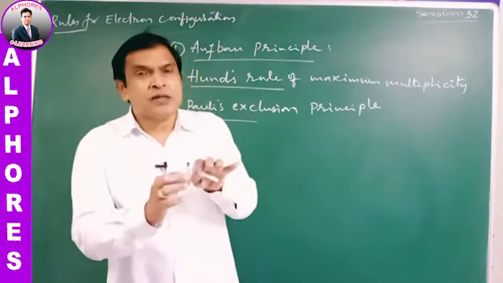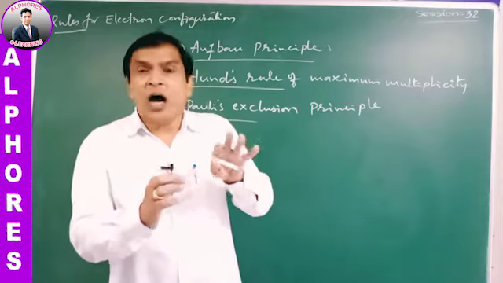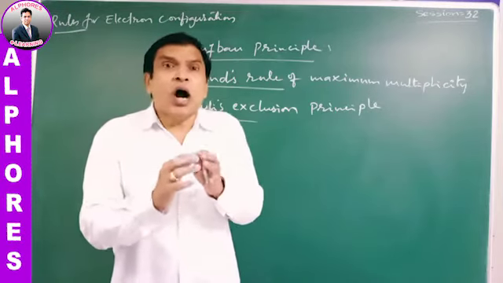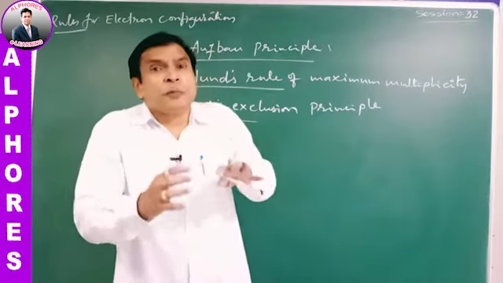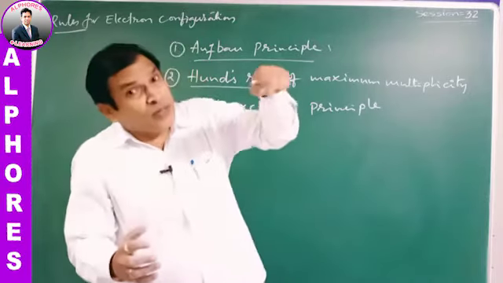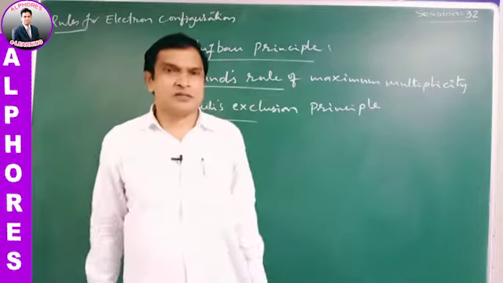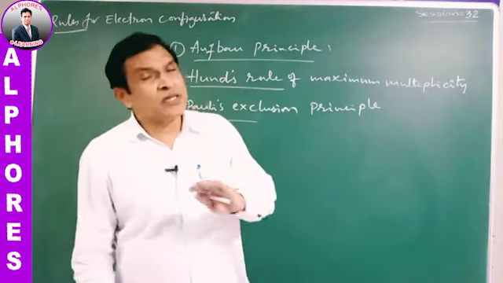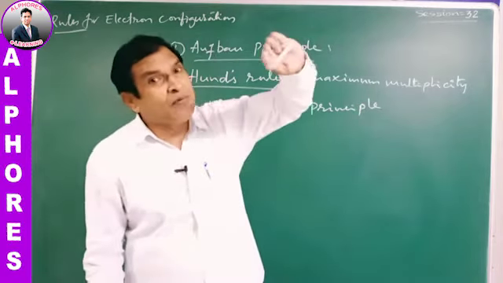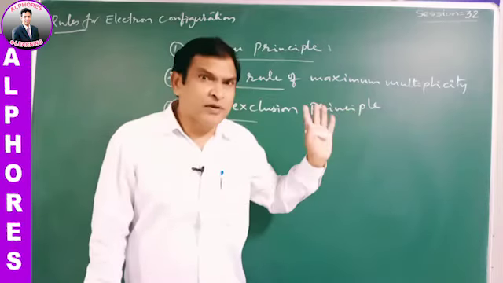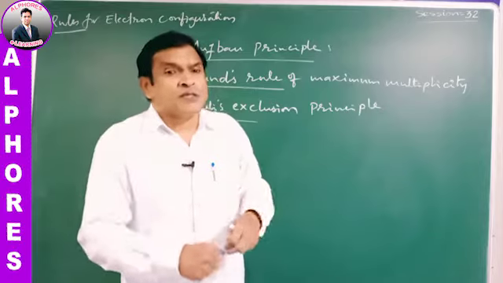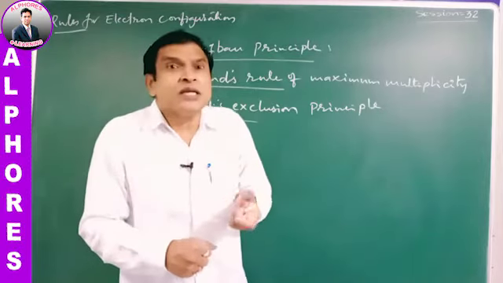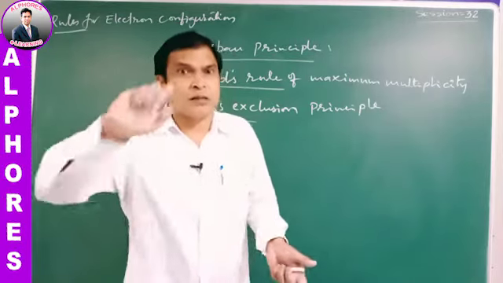Or you can say like this: electron occupies the available lowest energy atomic orbitals. Electrons enter into the atomic orbital having least energy. That is one way of explanation. Next, electron occupies available least energy atomic orbital first.